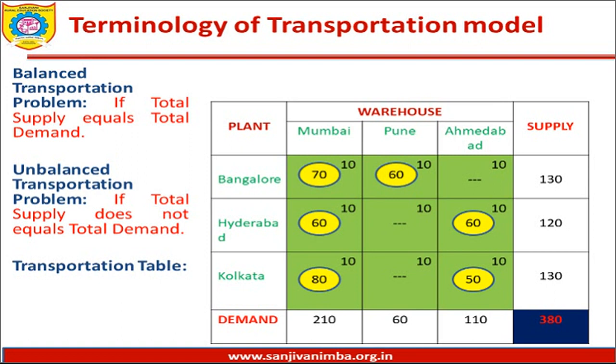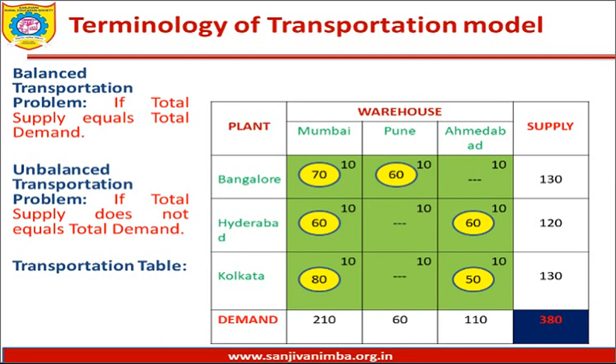For example, in the similar problem, the total supply from Bangalore is 130 units, from Hyderabad is 120 units, and from Kolkata is 130 units. If you add all of this supply, it comes to 130 plus 120 plus 130, which together is 380.